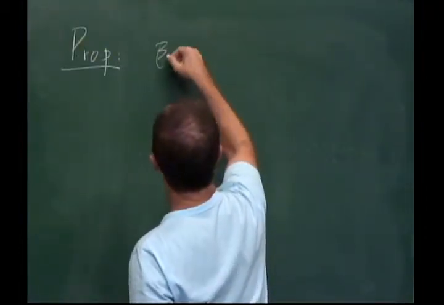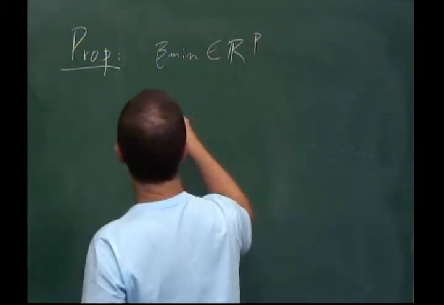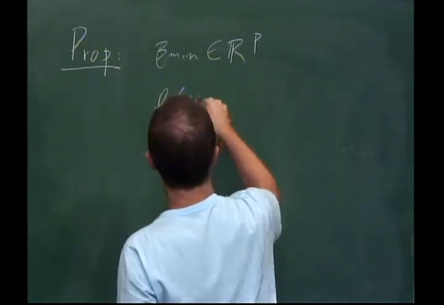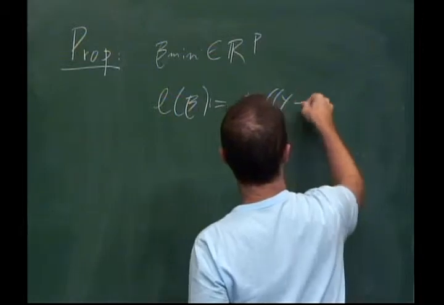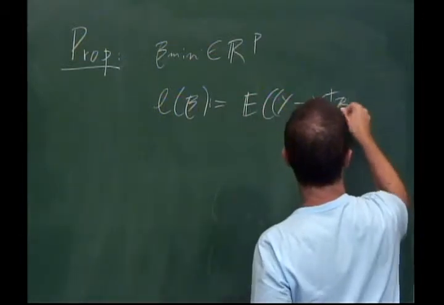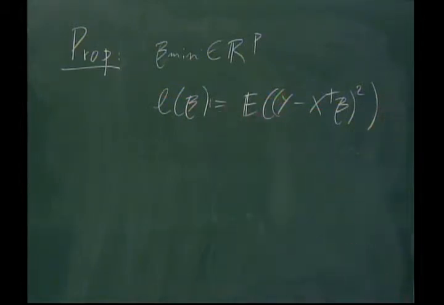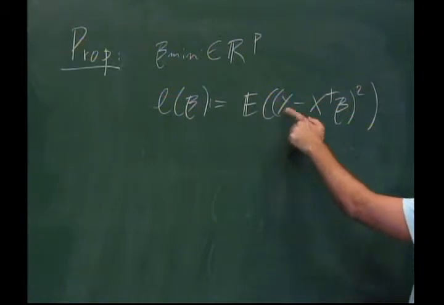So take beta min belonging to R^p, and let's define a function L of B, which is just the expectation of (y minus x transpose B) squared. This is what we'll sometimes call a loss function. It tells you how bad a vector beta is in terms of approximating y.